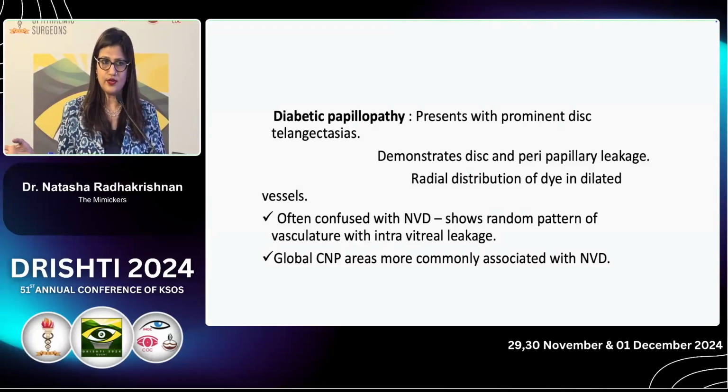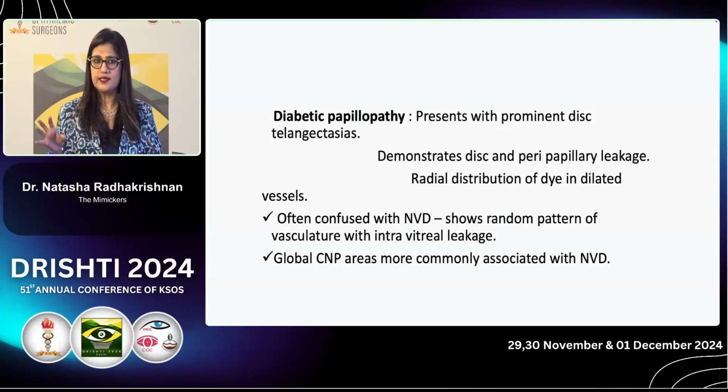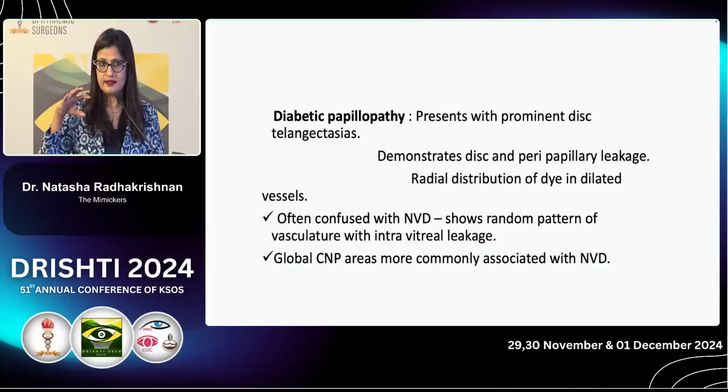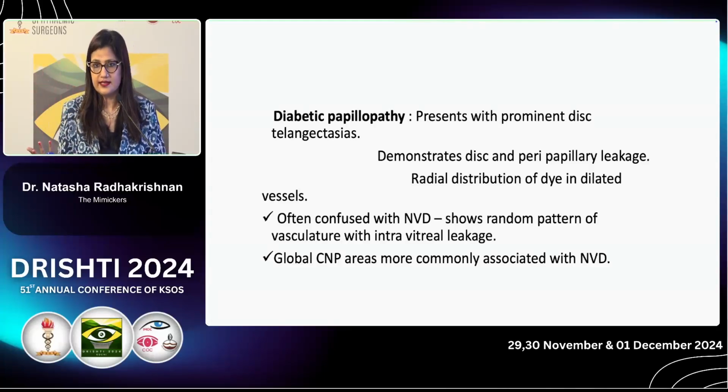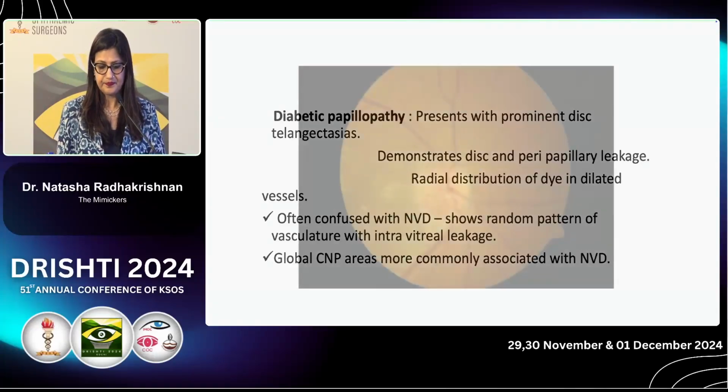If the macula is not affected, there will be no decrease in vision. And how will you differentiate it from NVD is to look for global ischemia in the FFA. If it is just a diabetic papillopathy, there will be disc leakage, but the CNP areas will not be too much. If you get a lot of CNP areas along with disc leakage, even if you think that it is diabetic papillopathy, better to treat it as an NVD.